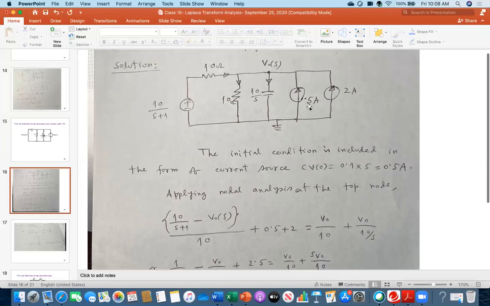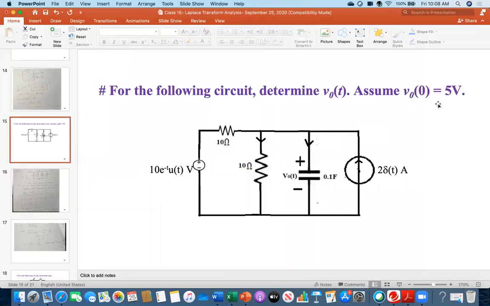Because you are decomposing the capacitor in that format, that is including your initial condition. That's why you are not worried about applying those rules that you did in the RLC transient chapter, even though there is an initial condition. That is the easiness, the beauty, and the significance of applying the Laplace transform.